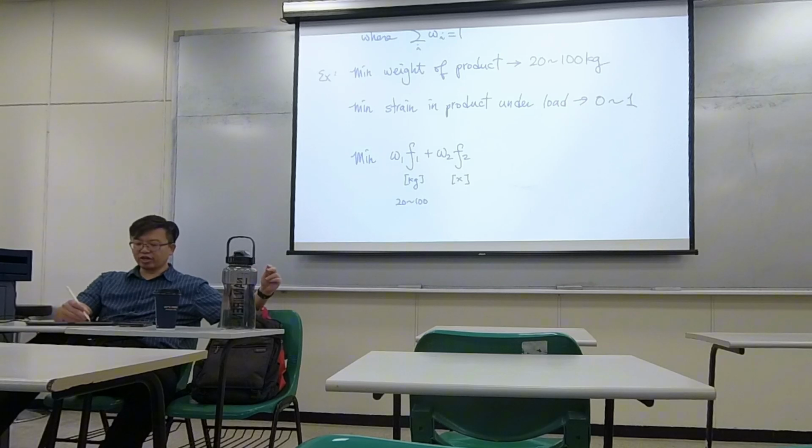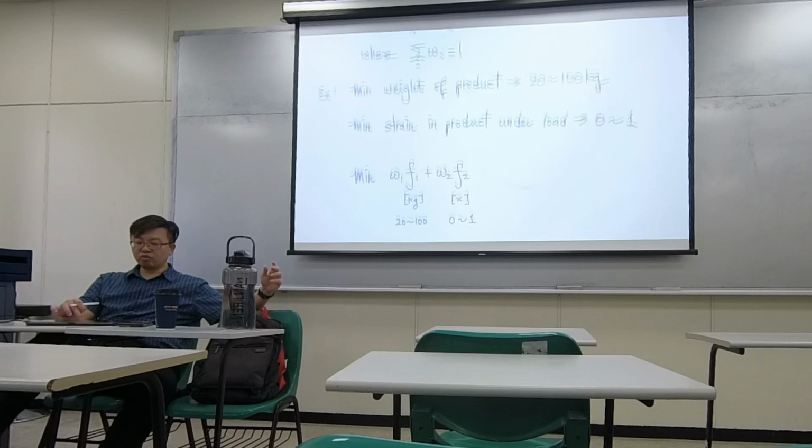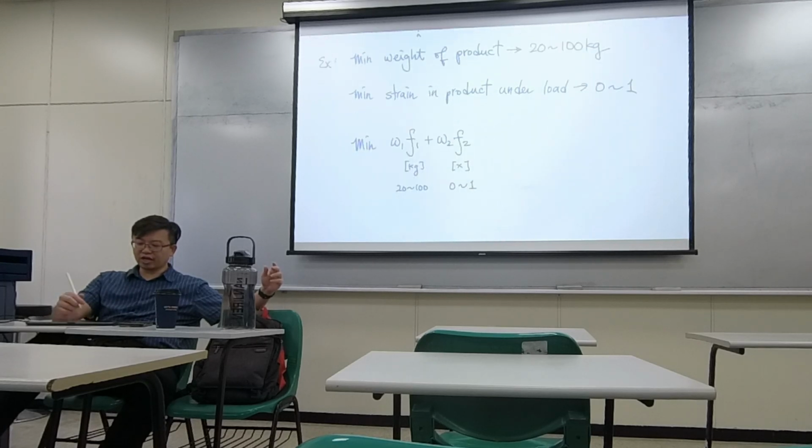F2 is in the range of 0 to 1. And our weighting coefficients, omega, are in the range of 0 to 1.